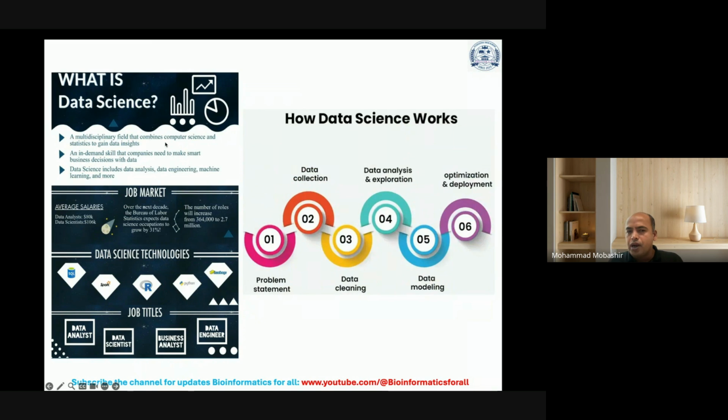Pharmaceutical industries, petroleum companies, biotech companies, the best top 100, 200 universities, everywhere there are data scientists or data analysts sitting for this purpose. So that is a kind of understanding and application of data science. If you are able to understand real world data, then you can easily get the data science experience.